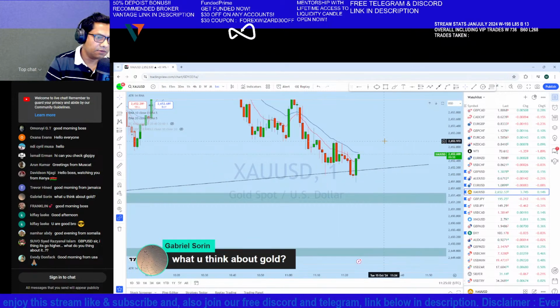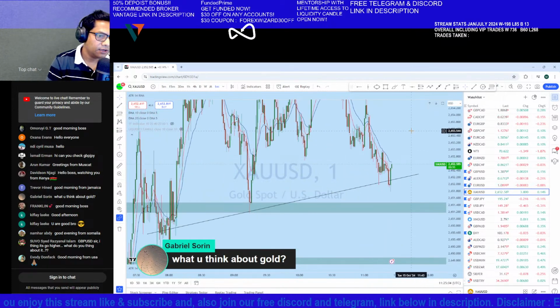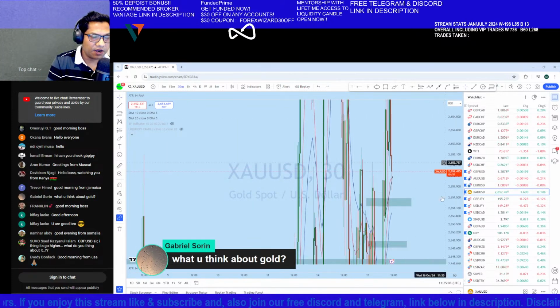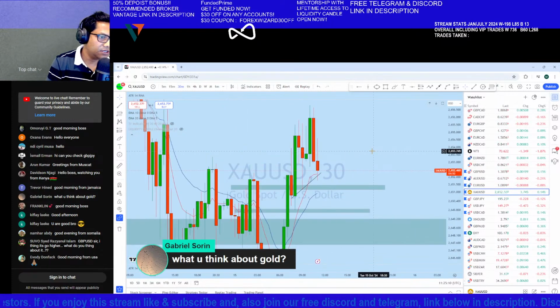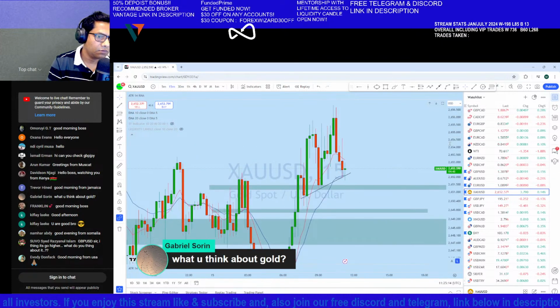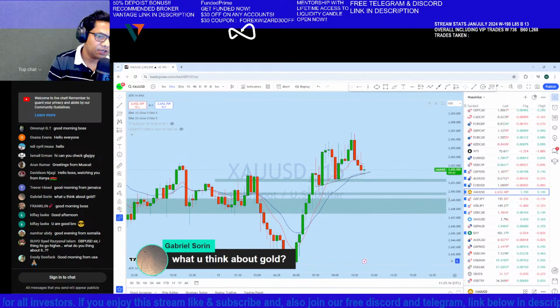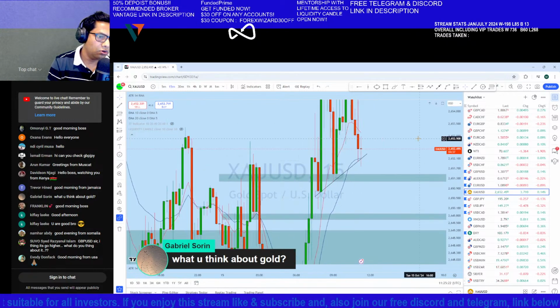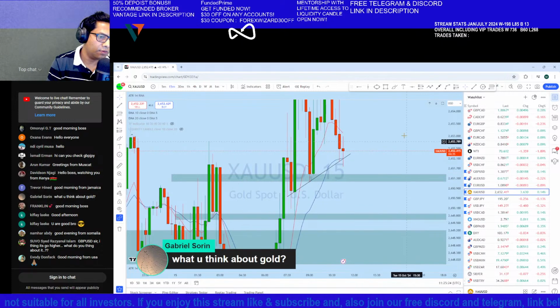Okay, we can see some pullback, and I would like to wait for the market to show its hand. If you look at it, you can see the market is breaking below with stronger momentum here.